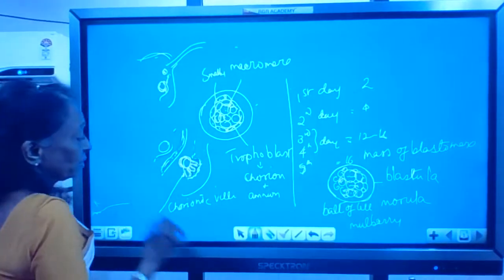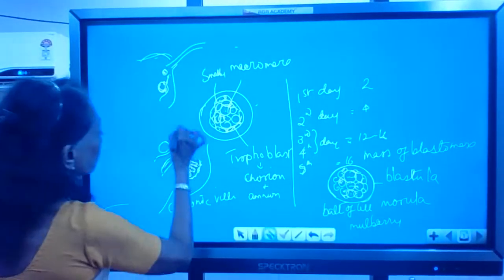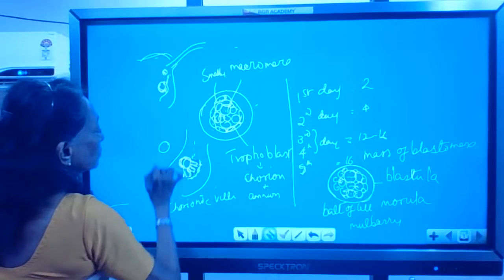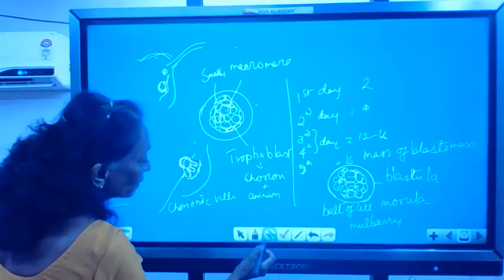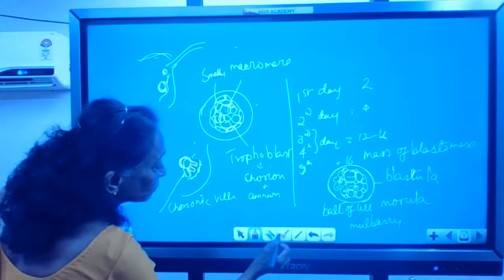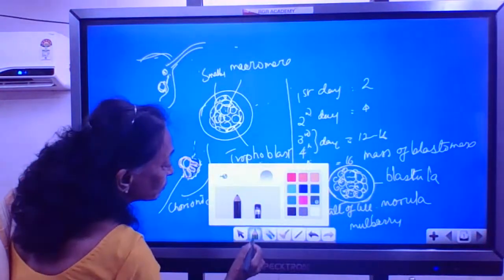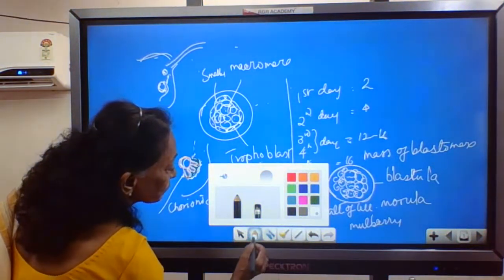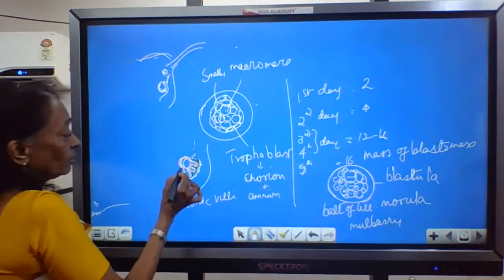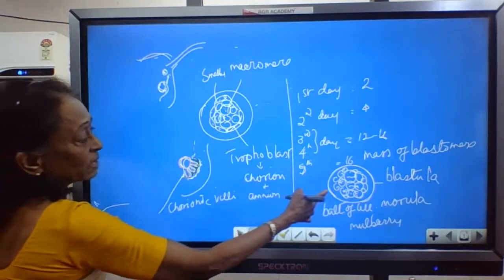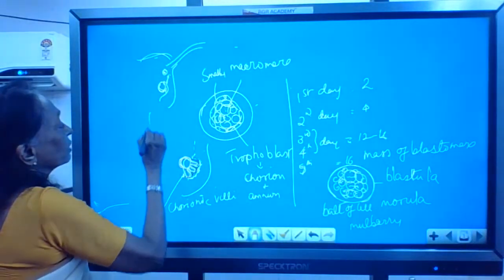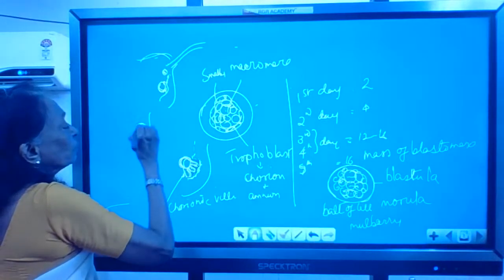Now, before the implantation, this is a morula stage, full of cells.